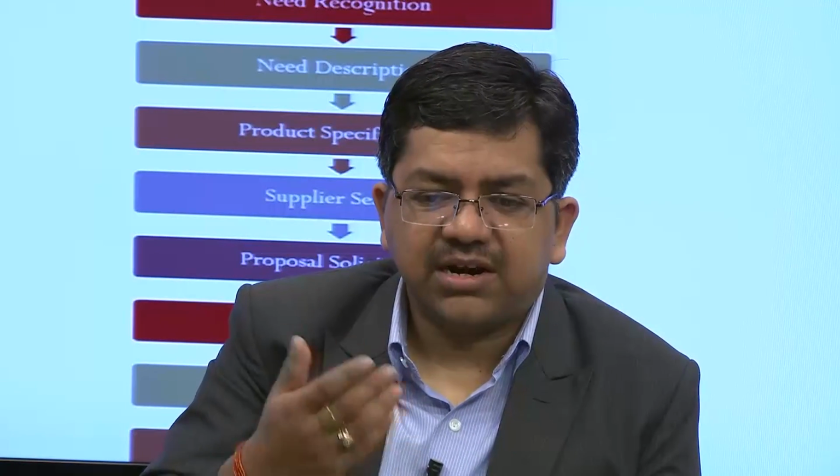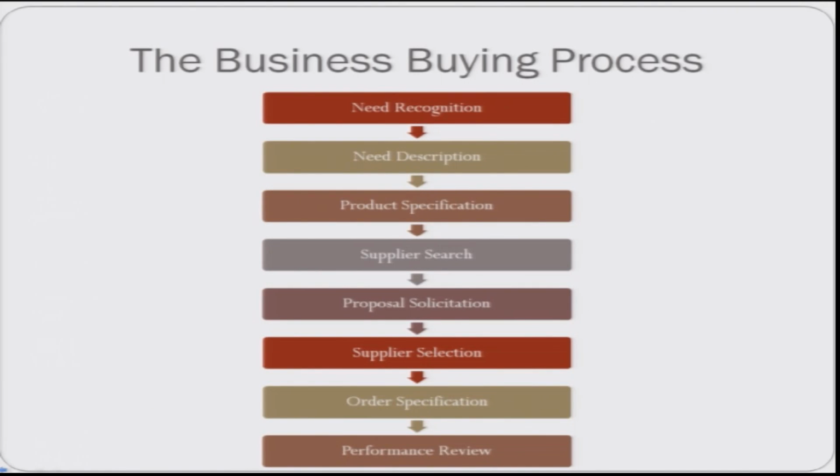So, in the initial stage, at the time of need recognition, the role of user and the initiator is very important, and at the time of need description again they will be important, and then along with them the technical people will come into the picture, and their role becomes very important till the time of product specification, and sometimes their recommendation is very critical in the supplier search. Then once you start the supplier search, procurement people come into the picture.